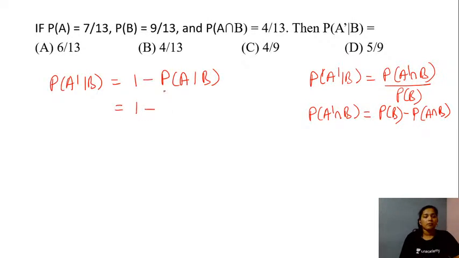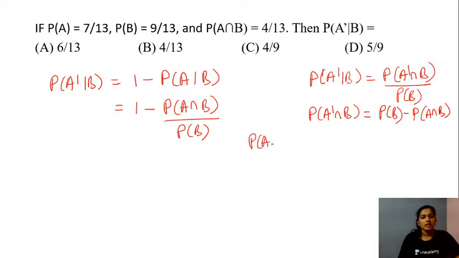This will be 1 minus, what is the conditional probability of your event A given your event B? This would be probability of your event A and B divided by the probability of B. Do we have the value for probability of B? Yes, we do. Do we have the value for probability of A and B? No. Let's simplify. Let's get the value for probability of A and B.